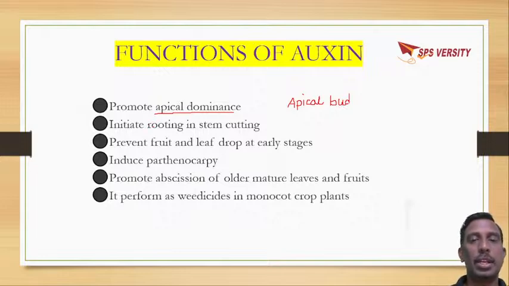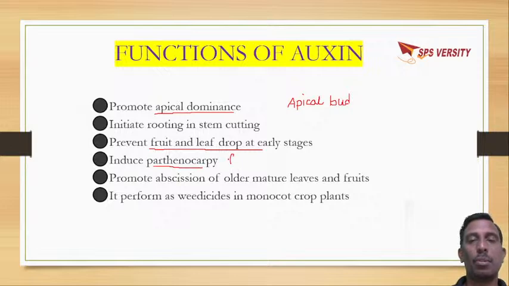Initiate rooting in stem cutting. So during tissue culture to promote root formation, and in horticulture, grafting to promote rooting, they will use auxins. Prevent fruit and leaf drop at early stage. Induce parthenocarpy.